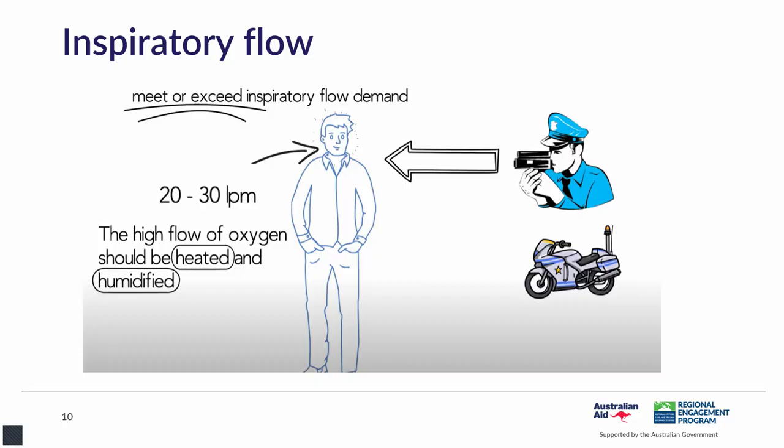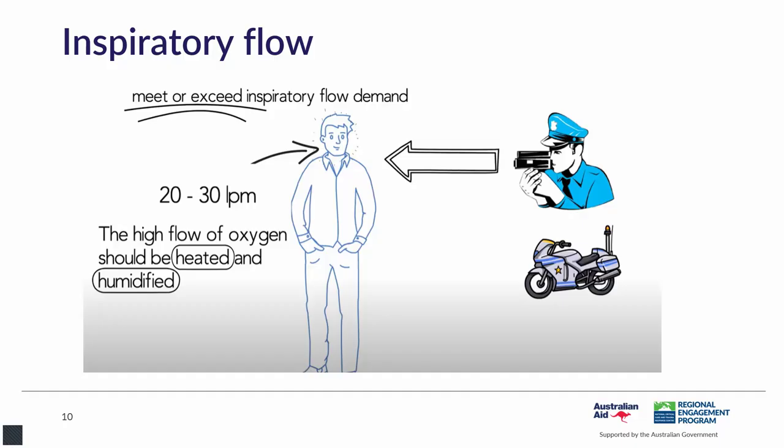So if we think about ourselves and the people in the same room as us at the moment, we are all hopefully sitting down comfortable, and our respiratory rate is normal. It's between 12 and 20, and we are not in respiratory distress. So when we are not in respiratory distress, we breathe in at about 20 to 30 liters per minute of air.